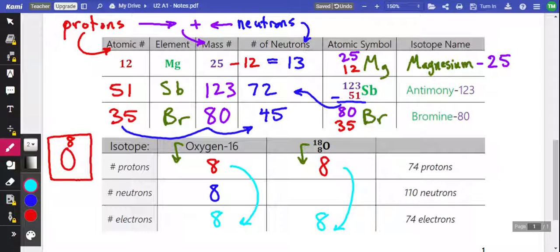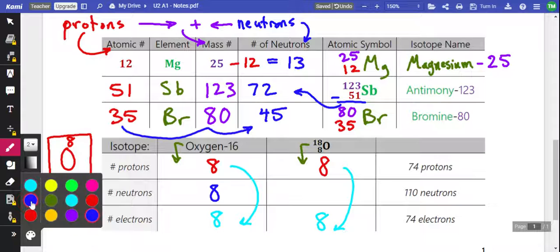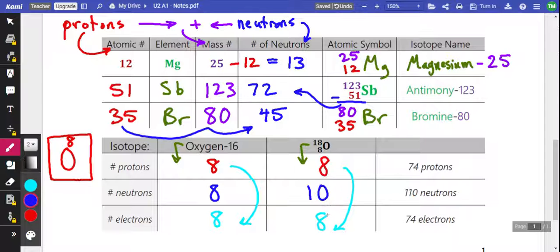Its number of neutrons is different. It's a little bit heavier, it turns out. If this has a mass number of 18, it's got 18 protons plus neutrons. We subtract out the 8 protons, and we actually have 10 neutrons. So this is a heavier version of oxygen. It's still oxygen, but it's not the same mass. So we have a different mass number tagged to it, so we can tell it apart.